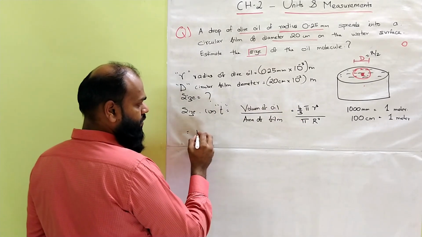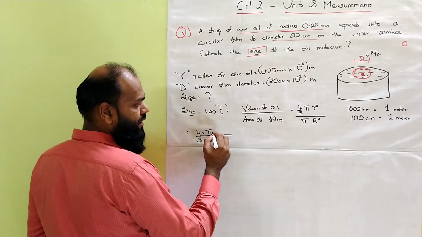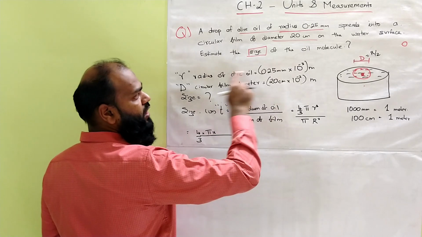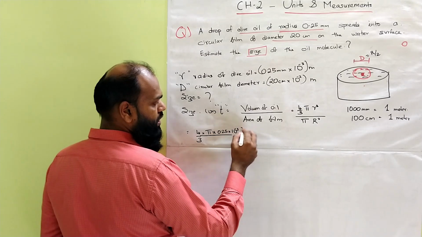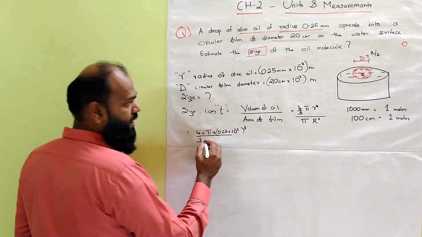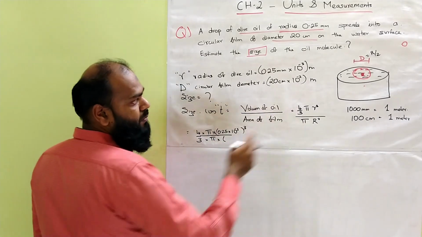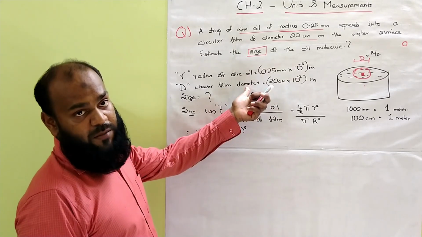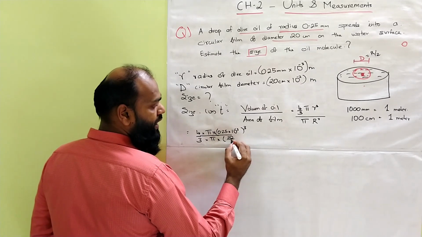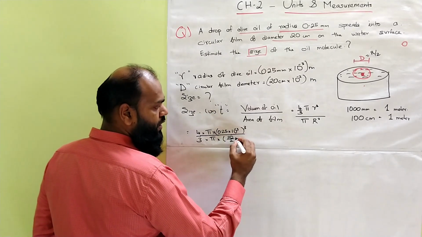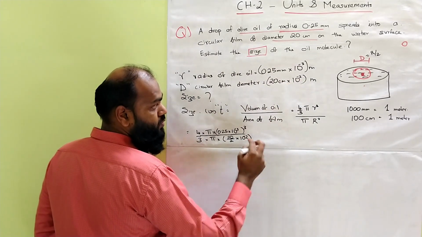Now let's solve this problem. 4 by 3 into pi into r cube. Small r cube is 0.25 into 10 power minus 3, the whole cube, divided by pi into capital R square. What is capital R? Capital R is D divided by 2, so 20 divided by 2 into 10 power minus 2, the whole square.